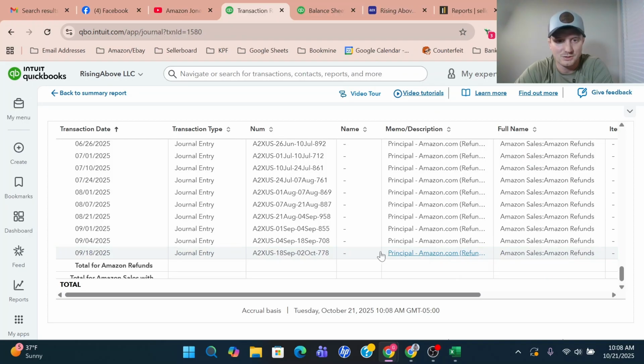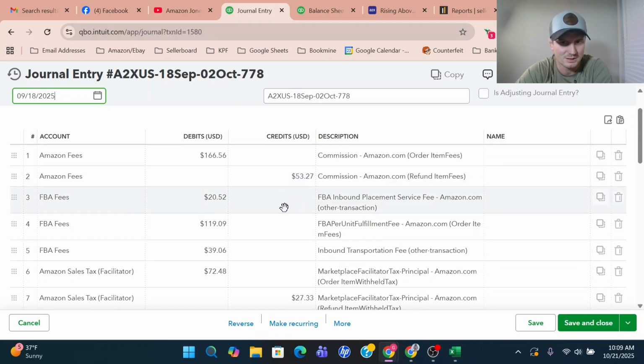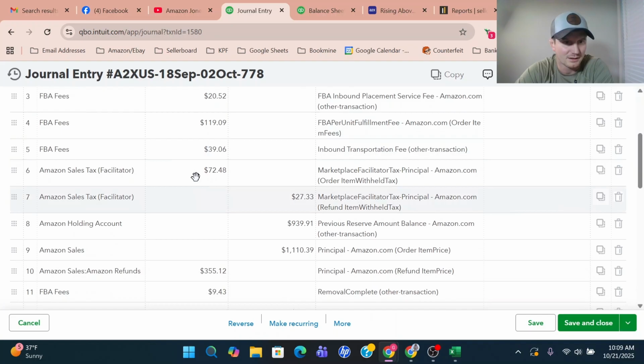What it's going to do, if it'll ever open up, is come in here and auto-populate all of these: Amazon fees, what I've owed it, what it's given to me, FBA fees if you sell FBA, and then Amazon sales tax.